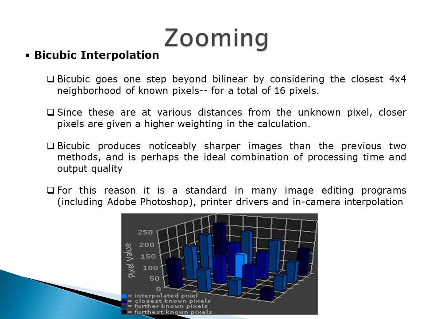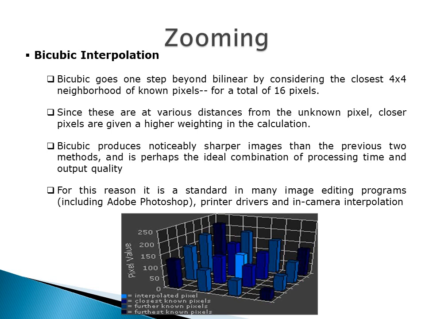In this picture, you can see the light blue one, which is the pixel that has to be modified, that is the pixel which has to be changed. So if that has to be changed, we should know its neighbors. The next blue color, you can see, are the closest ones, and the darkest blue ones in this picture are the farthest ones.